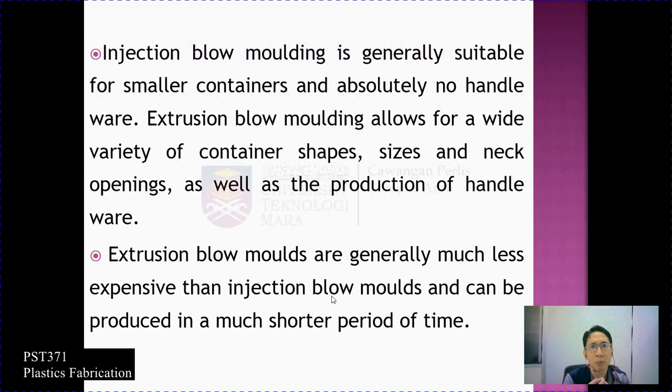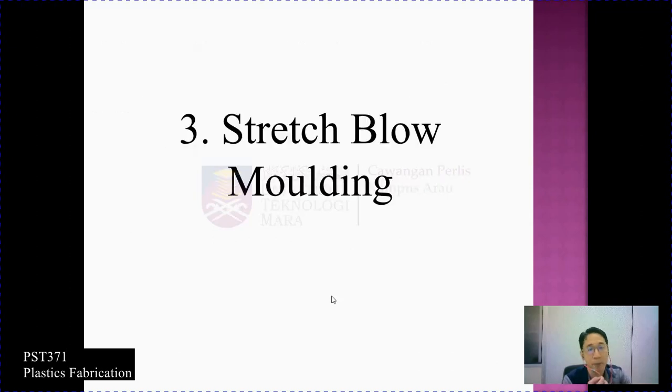Injection blow molding is generally suitable for smaller containers and absolutely no handleware. Extrusion blow molding allows for a wide variety of container shapes, sizes, and neck openings, as well as the production of handleware. Extrusion blow molds are generally much less expensive than injection blow molds and can be produced in a much shorter period of time.